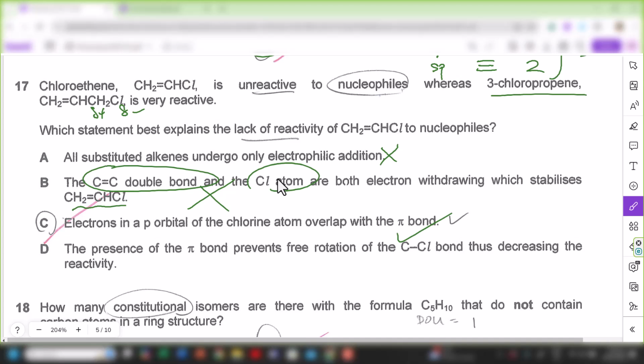Presence of the pi bond prevents free rotation. So again, the free rotation here is not going to affect its lack of reactivity, because it is the carbon in question that is susceptible to nucleophilic attack. It's not about the bond. So again, this is nonsense. So the answer will be C.